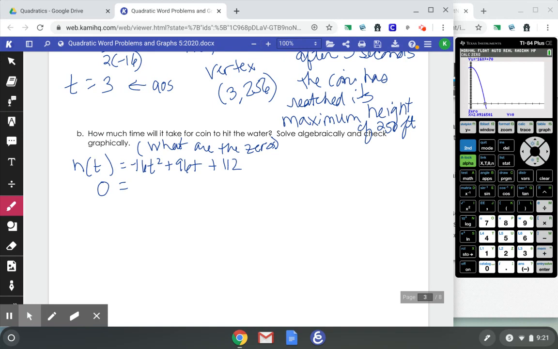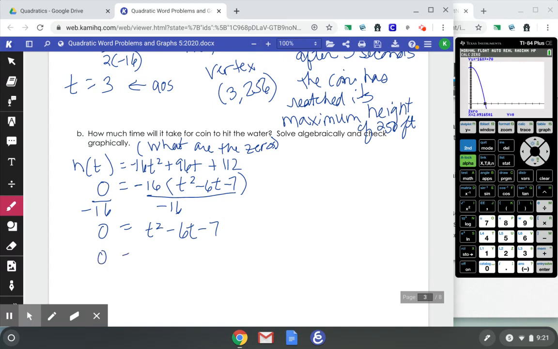So I'm going to put 0 in. Now when I look at this, I think, okay, I can factor this. All right, I can pull out negative 16. So I'm left with t squared minus 6t minus 7. Okay, I'm going to divide both sides by negative 16. So I end up with 0 equals t squared minus 6t minus 7.